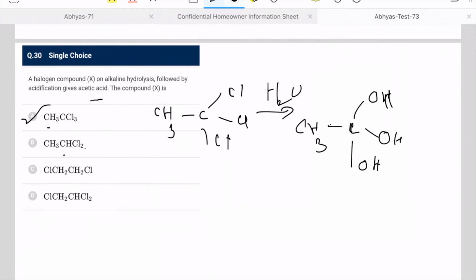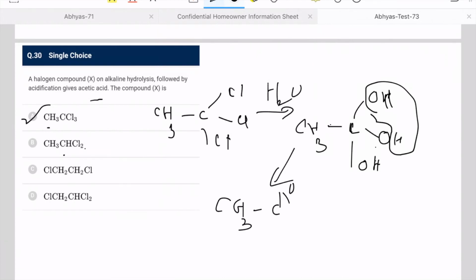On dehydration, water molecule will be going. Then it will be coming as CH3COOH. This one will be the starting material. So A is the correct option.